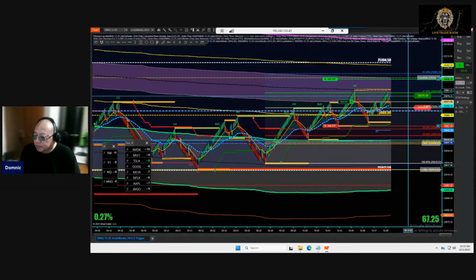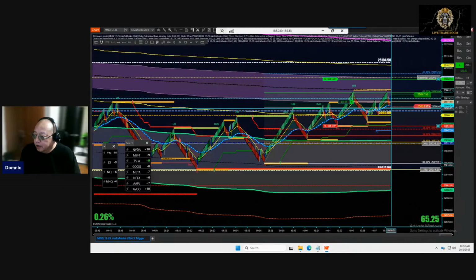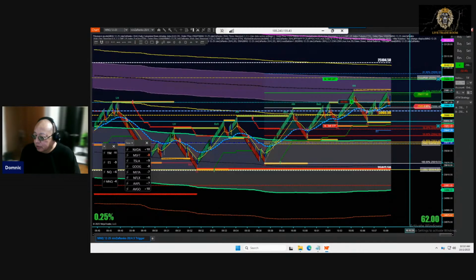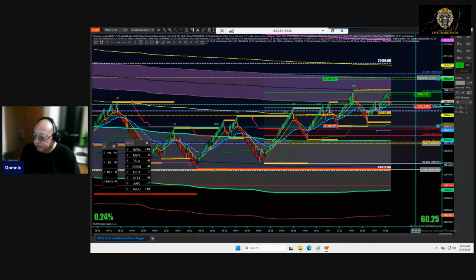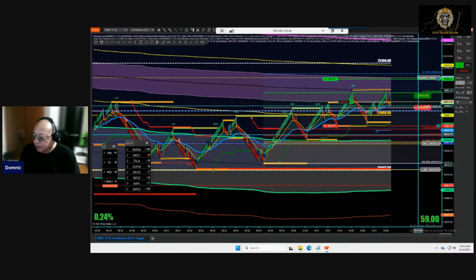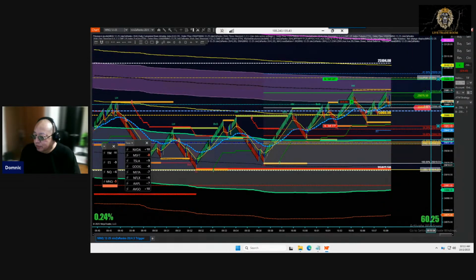Here we go. So we created another higher low with that swing, that reversal bar to the upside. We created a higher low. Let's see if it continues or not. So now we have a swing back to the downside. Now we go back up here, just going up and down.